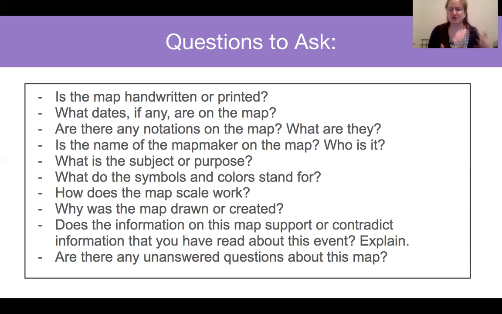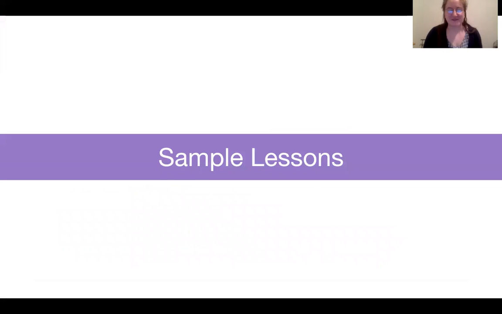Does the information on this map support or contradict information that you've read about a particular event? And are there any unanswered questions about this map? So you can kind of pick and choose what questions make sense for a specific lesson, but this is just kind of an outline, a guide.